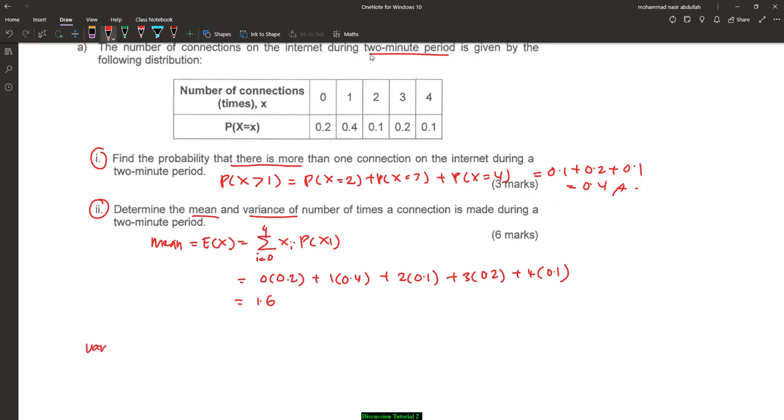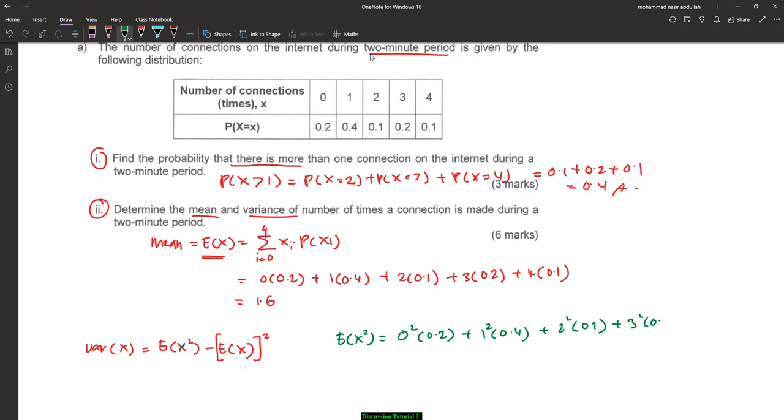For variance of x, it should be equal to expected value of x square minus expected value of x, and then we square this one, right? So we already found expected value of x. Now we need to find expected value of x square. So it should be very simple: 0 square multiplied with 0.2 plus 1 squared 0.4, 2 squared 0.1 plus 3 squared 0.2, and the last one 4 squared 0.1.